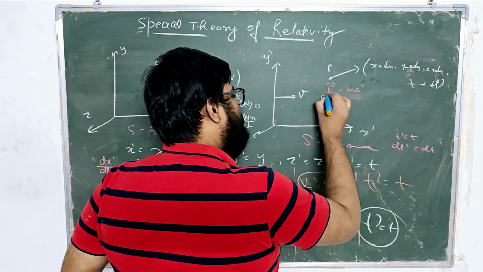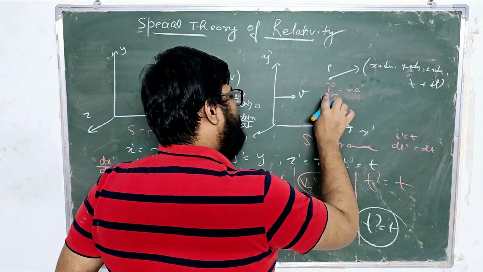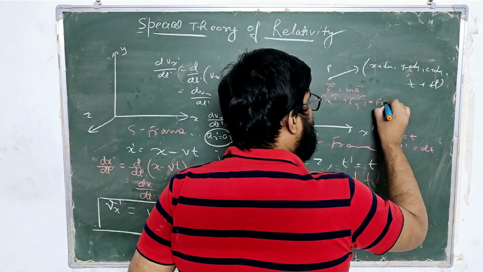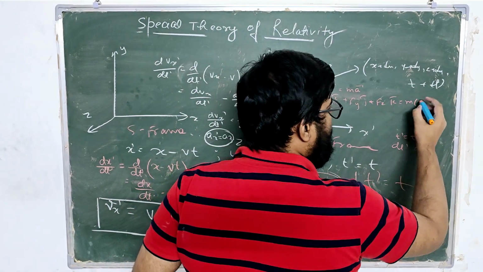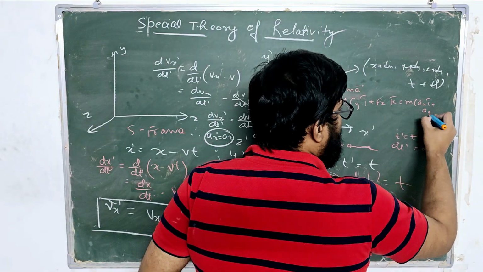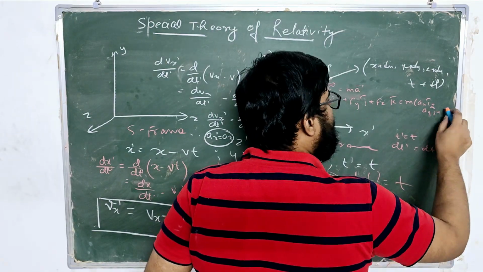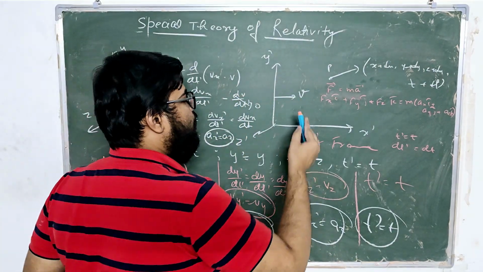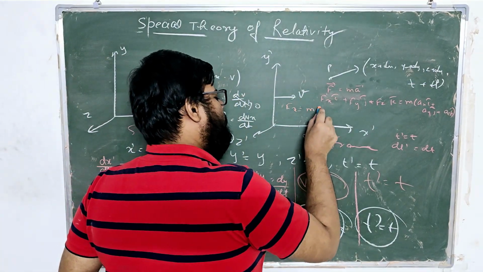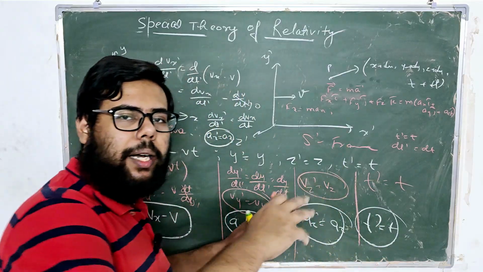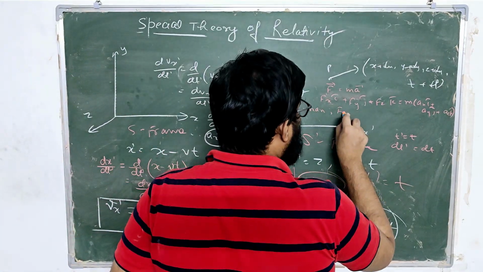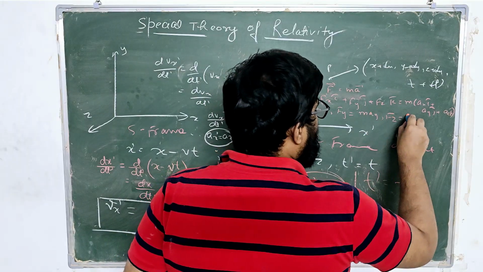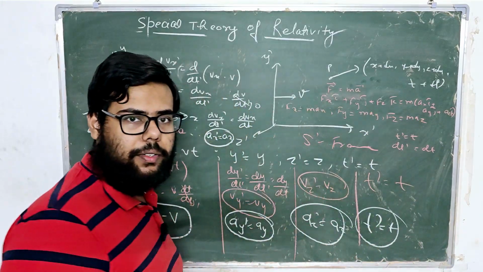So it is Fx i cap plus Fy j cap plus Fz k cap is equal to m times ax i cap plus ay j cap plus az k cap. So from here you can say Fx is equal to max, and we are assuming that the mass is constant. Fy of the particle is equal to may, and Fz is equal to maz, correct?